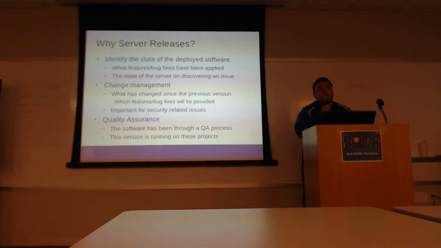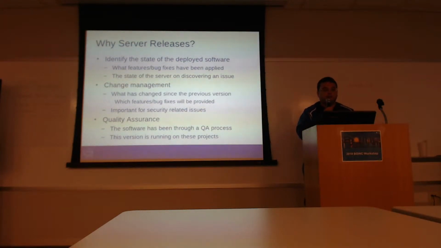Why are we using server releases? Mainly to identify the state of deployed software, what features and bug fixes have been applied, and the state of the server on discovering an issue. Then there is change management.